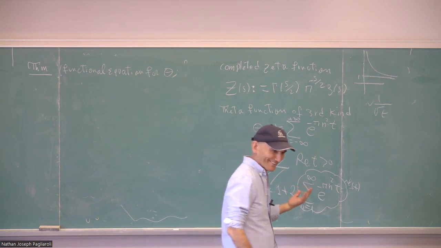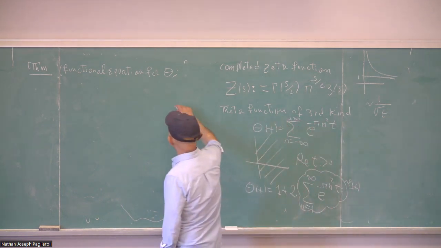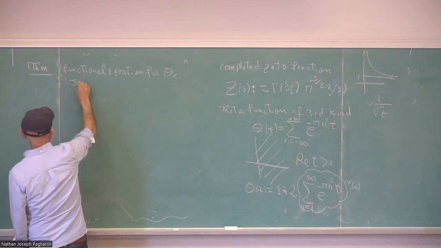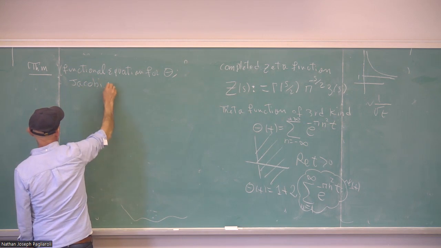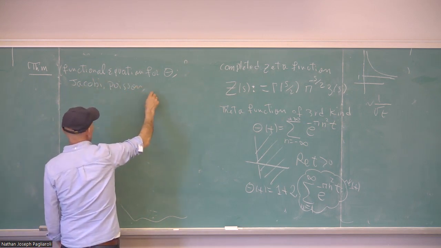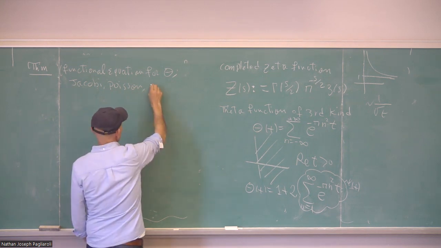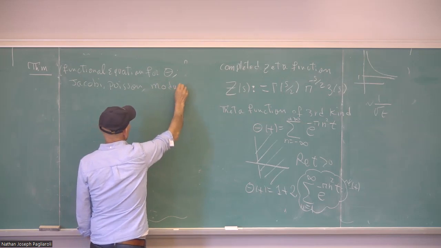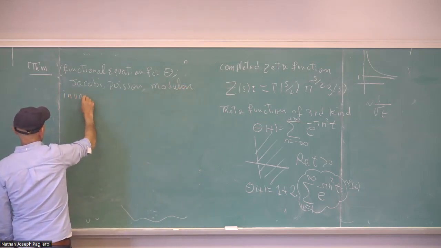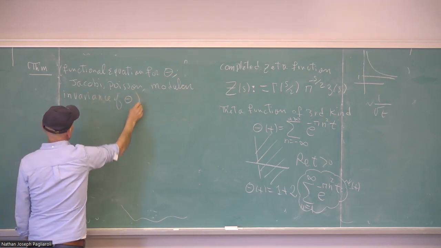So anyhow, this is maybe Jacobi, Poisson, and some other guys, but this is basically the modularity property. So this is the modular invariance of theta. So what is it?